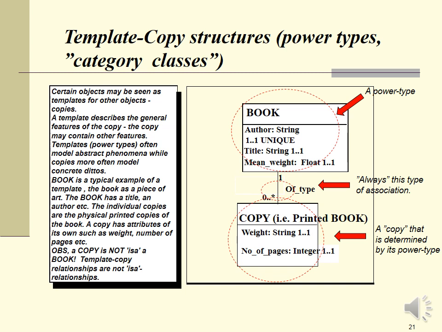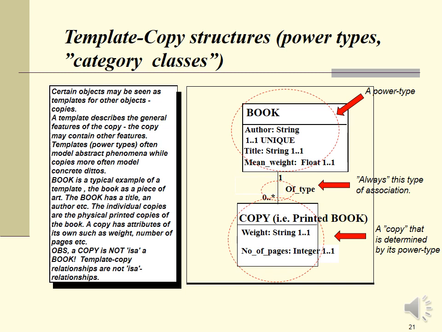And it has attributes like author, title, and maybe mean weight. Then we have a printed book, and let's call it copy. And the printed book has also properties. It has weight, and it has number of pages.